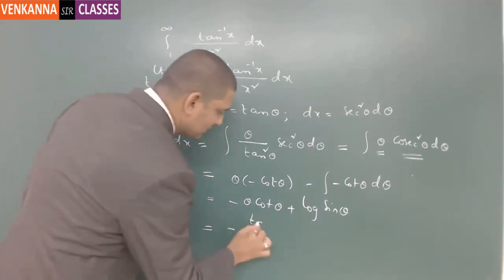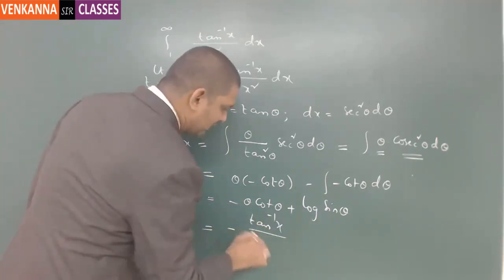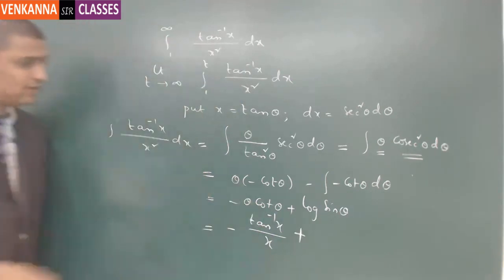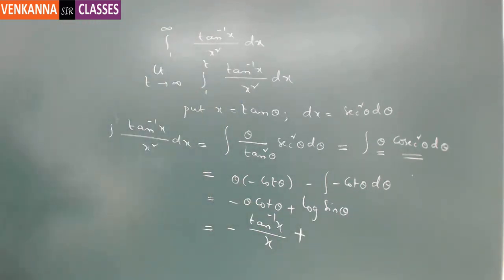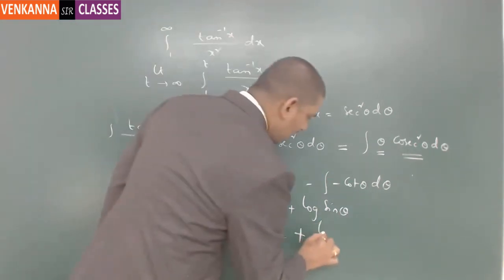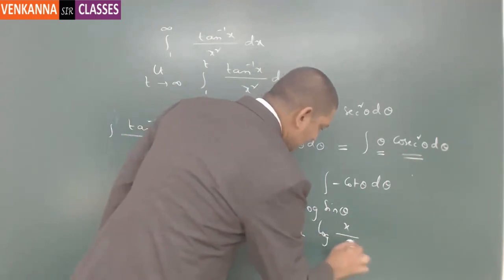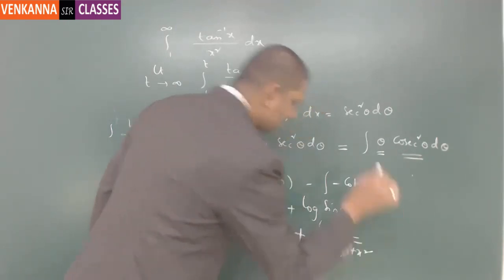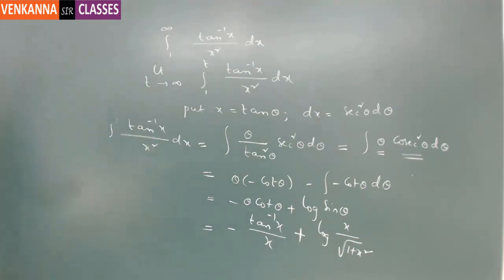So minus tan inverse x by x. And for log sin theta, its value is nothing but log of x by root of 1 plus x square. How did this value come? Because we have x is equal to tan theta.